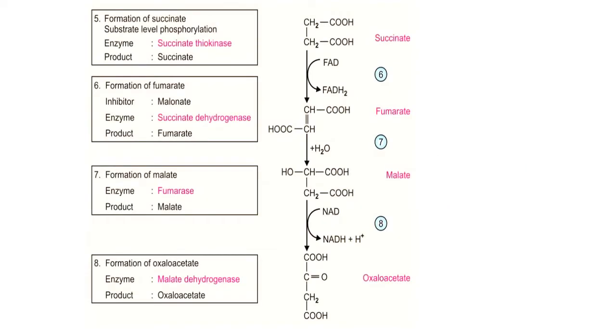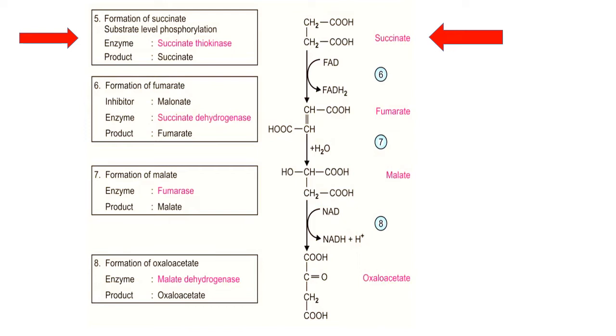At this step there is a formation of one ATP in the form of GTP, guanosine triphosphate, and this is a substrate level phosphorylation. The enzyme required at this step is known as succinate thiokinase, or we can also say succinyl-CoA synthetase.